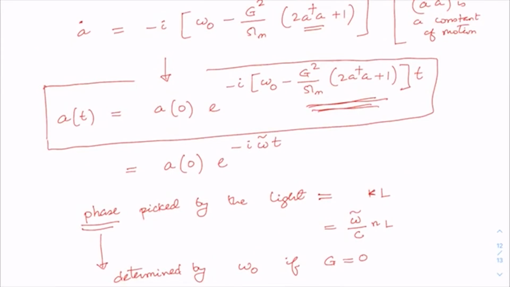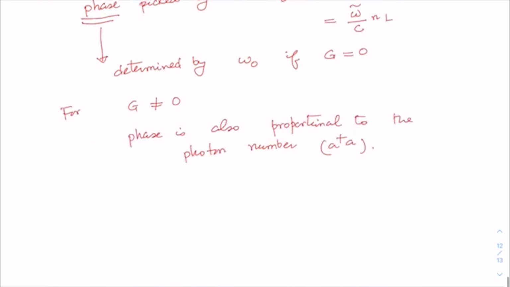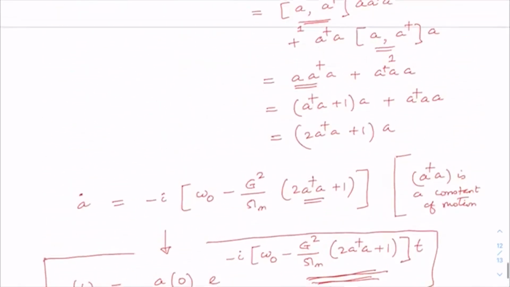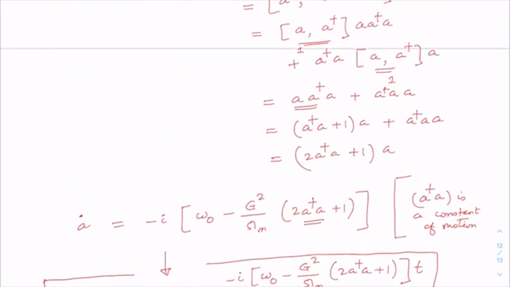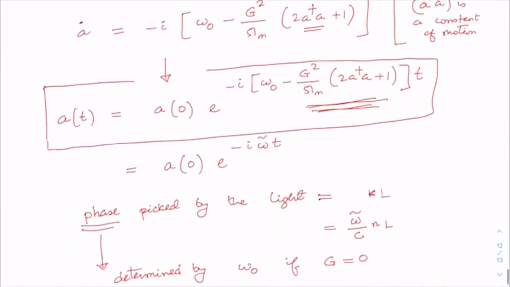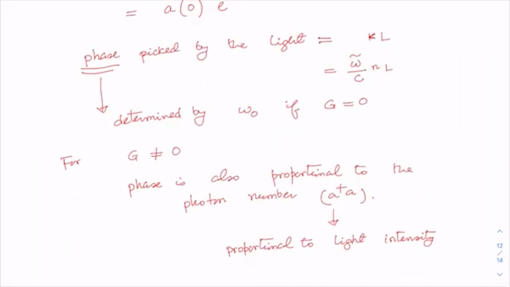And this photon number is again proportional to light intensity, and as I said earlier, a Kerr medium is one where the optical path length depends on optical intensity. So far we discussed an ideal situation by considering the optical mode and the mechanical oscillator only.